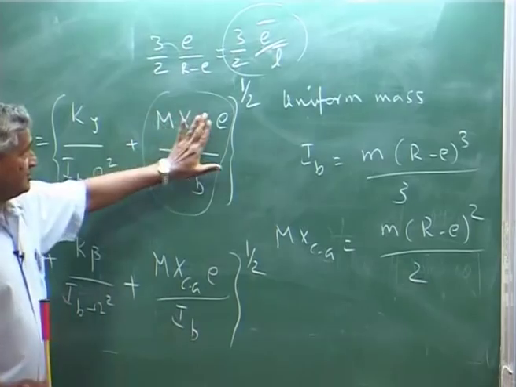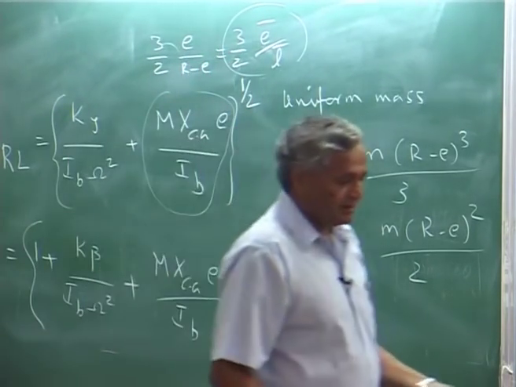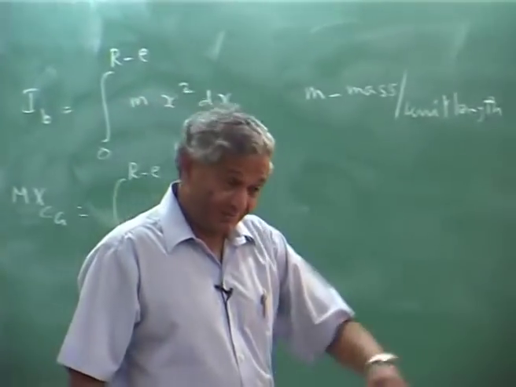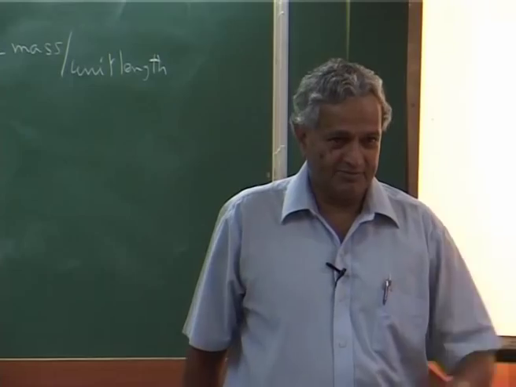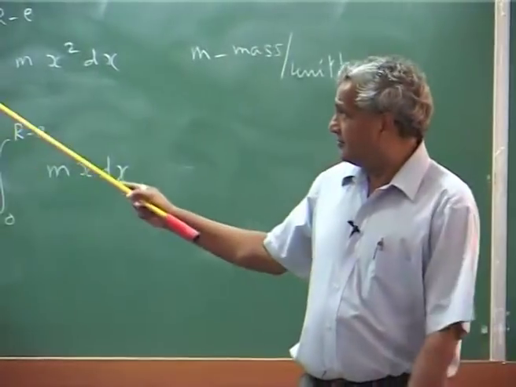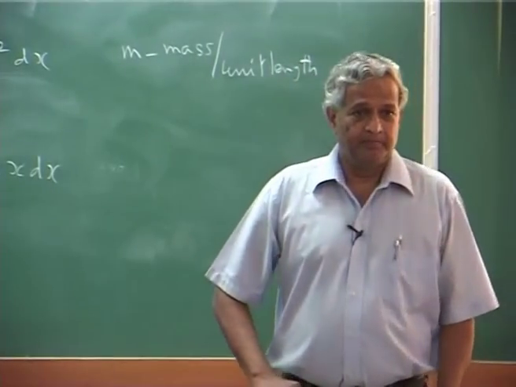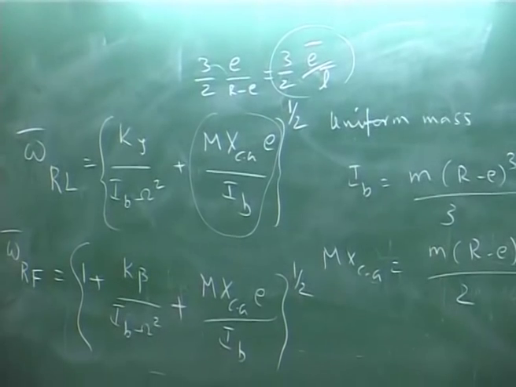If this is 0, this is the value, and hinge offset usually you will have about 4%, 5%, but sometimes it may go to 10%, okay, hinge offset. So, the lag frequency non-dimensional is not very large.